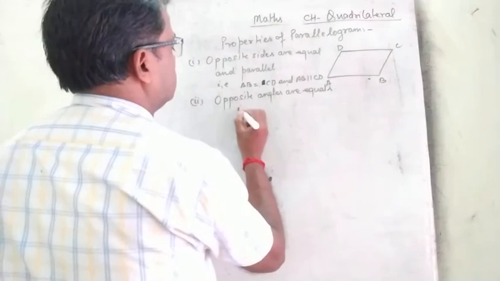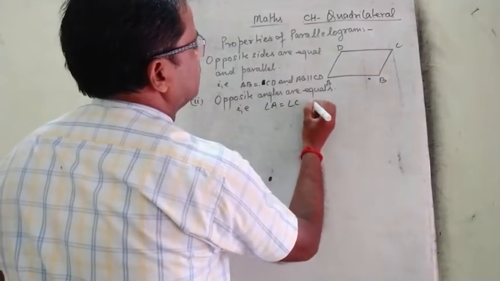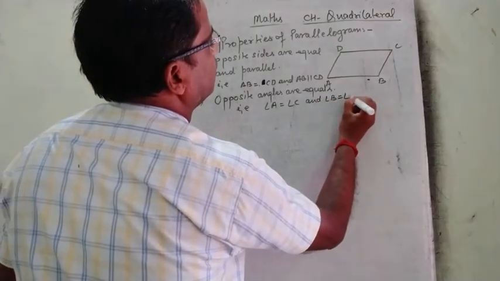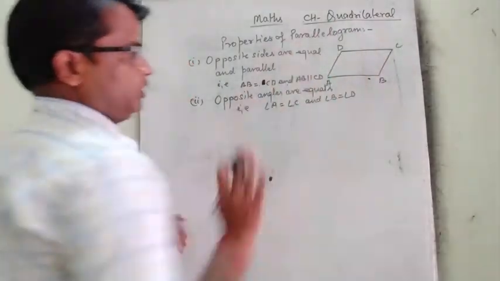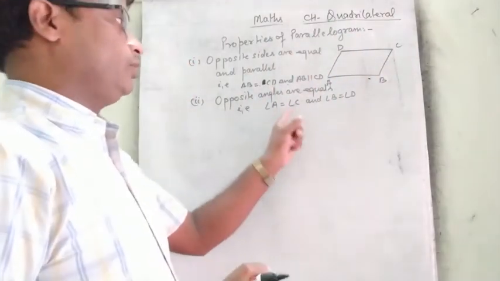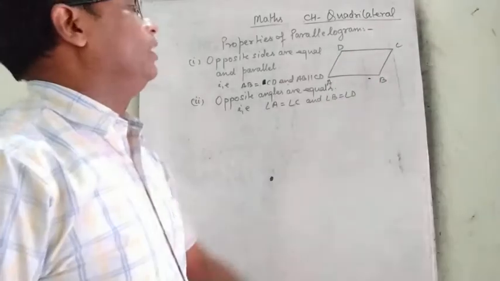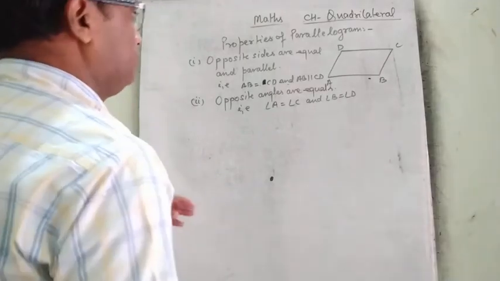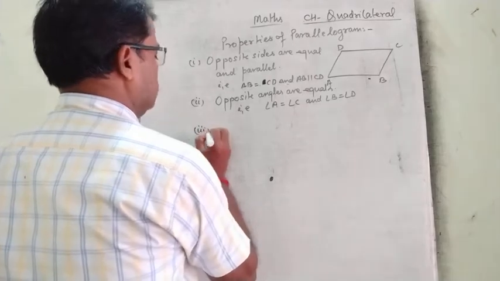That is, angle A is equal to angle C and angle B is equal to angle D. Opposite angle of angle A is angle C, that's why angle A is equal to angle C. And opposite angle of angle B is angle D, that's why angle B is equal to angle D.